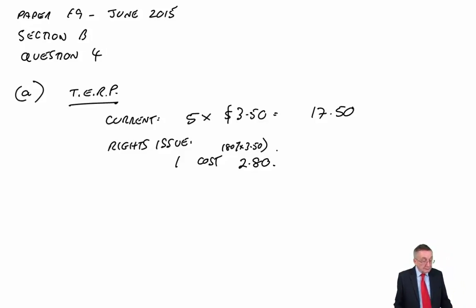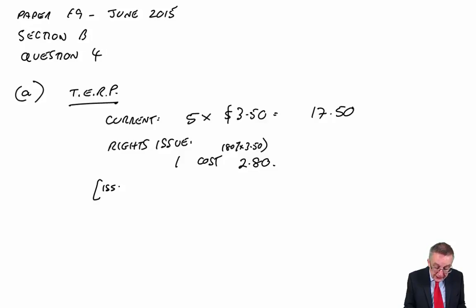However, a slight trick here in that issue costs will be paid out of that cash raised. So although the value is going up by the $2.80 they pay in, it's going down by the issue costs. And how much will it go down by? Well, the issue costs in total they're 280,000.